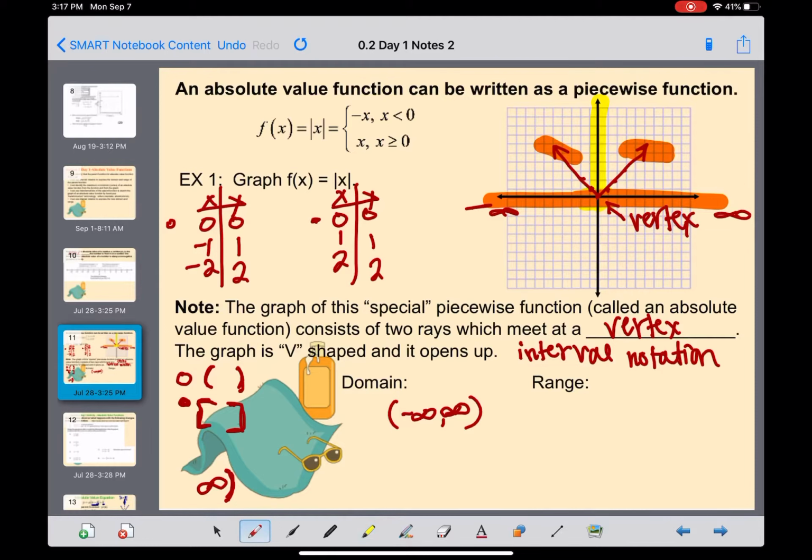So since I'm including 0, I'm going to have a bracket, 0, and then up to infinity. So it always goes least to greatest in this interval notation. And you always have a parenthesis next to an infinity sign, and if you're including the number, we put a bracket.